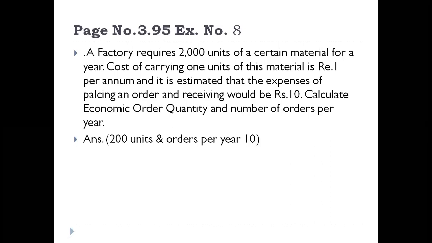In a container or your lorry, the purchasing order should be economic when each order consists of 200 units only. Each order package should be 200 units. Then how many orders do you have to place per year?